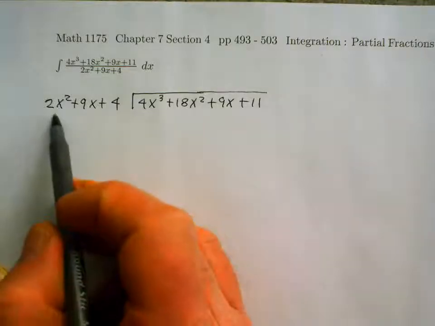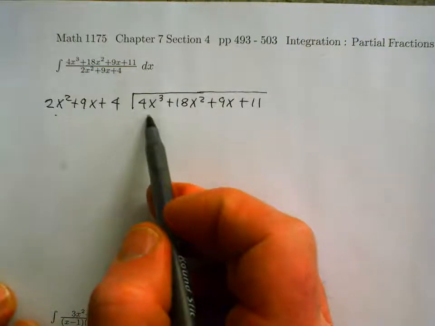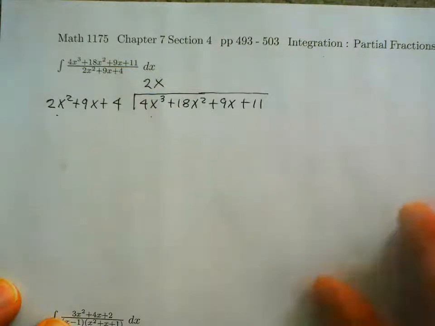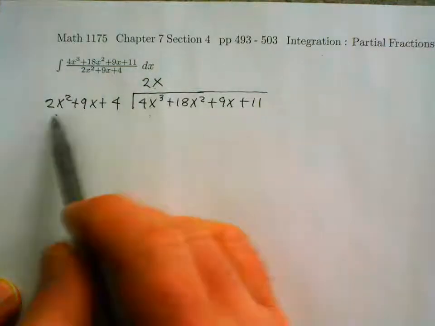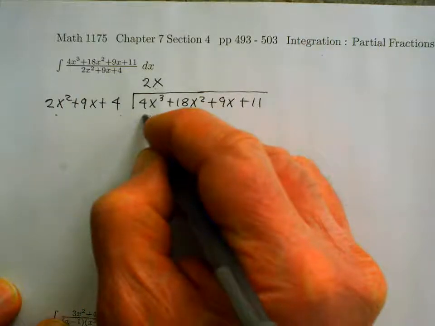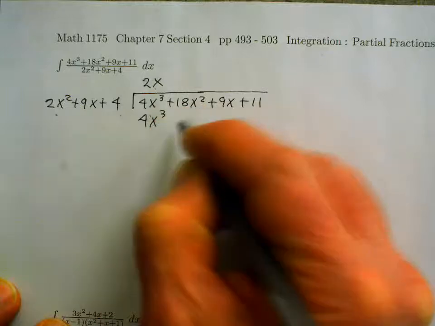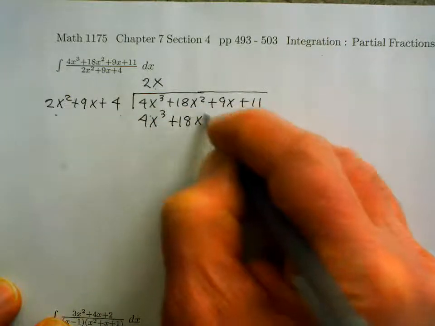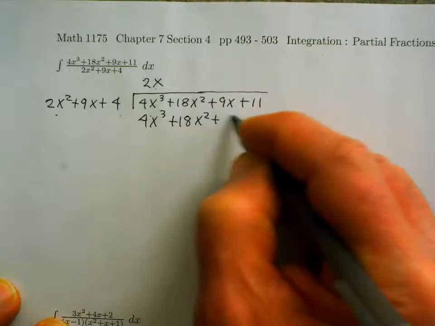So 2x squared goes into 4x to the third, 2 times x times, and then multiply 2x times the quadratic expression. We'll get 4x to the third plus 18x to the second plus 8x.